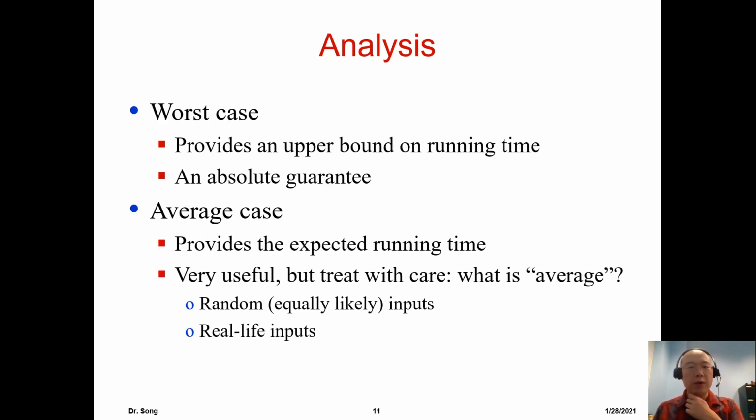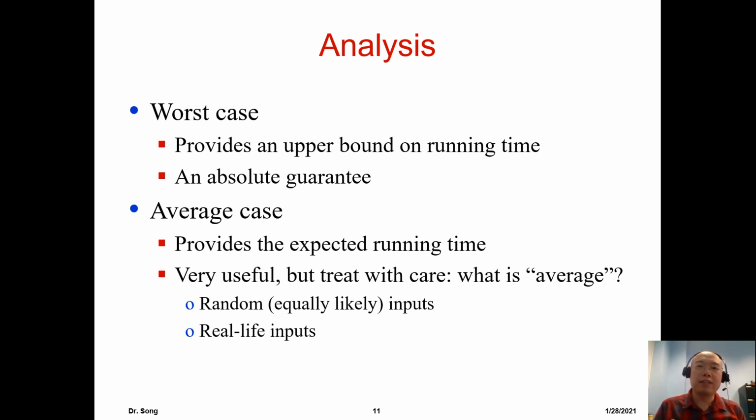Okay, so for the analysis, usually we don't worry too much about the best case. For example, if you're doing sorting, what's the best case? The best case is, say, you have all the values pre-sorted. And then for a lot of the algorithms, there's nothing to be done. But we are not discussing the best cases.